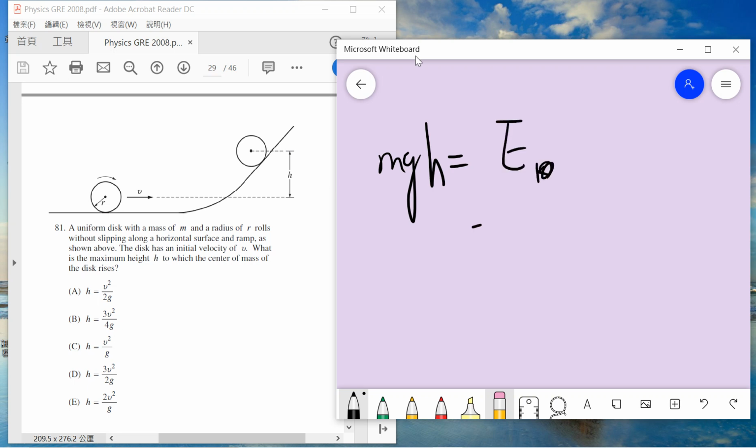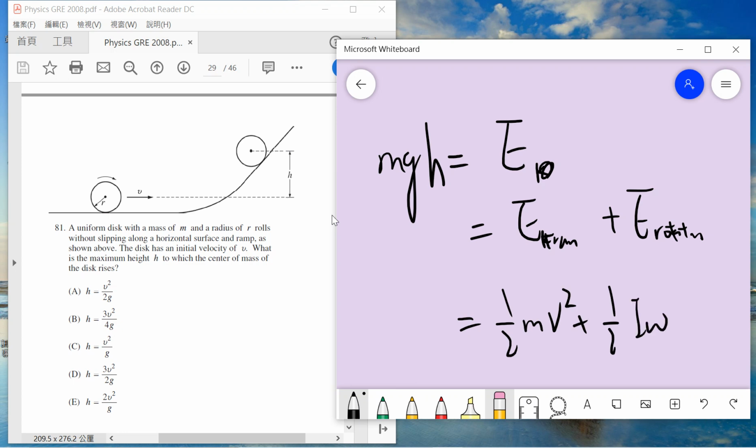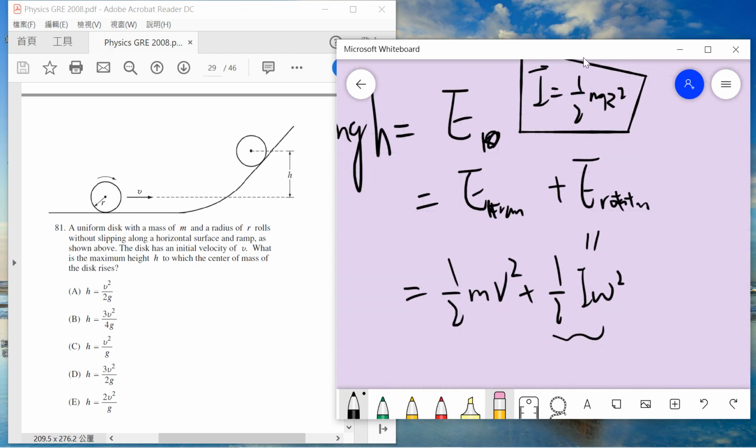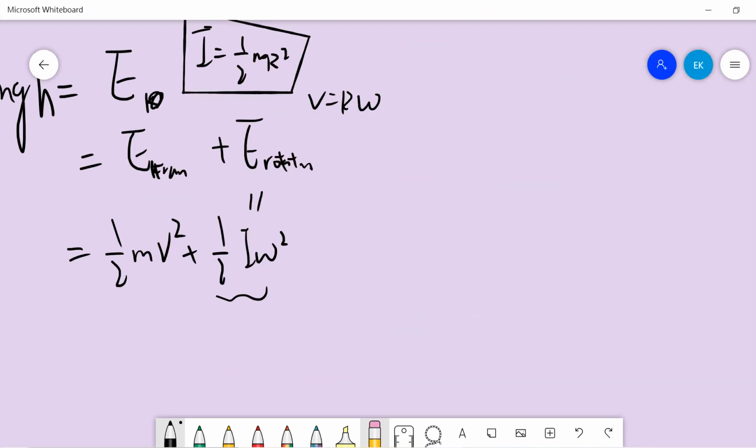The total energy contains the translational plus rotational kinetic energy. An important thing in the physics GRE is you need to remember this formula. Also, this is a uniform disk, so I equals a half m r squared. You also need to remember this. And v equals r times omega. Okay, so nice, we can solve it.